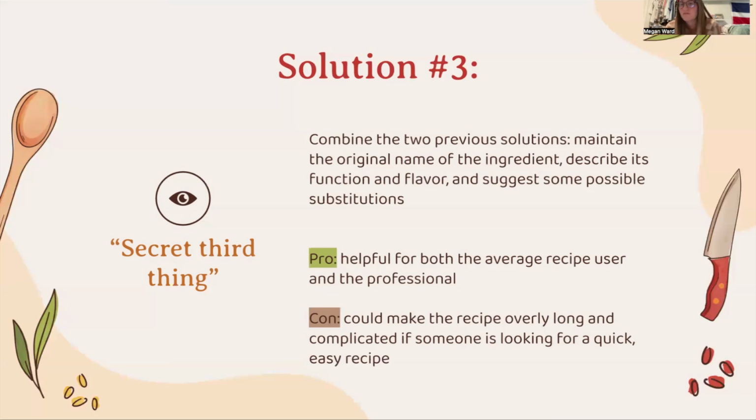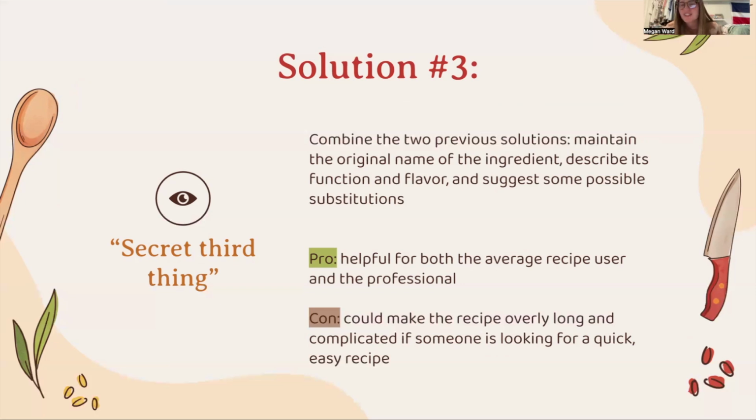The pro of doing this is that it's helpful for both the average recipe user, the person who just cooks at home, and the professional, the person who is more familiar with the culture, because they have all the information they need to get the original ingredient if they want it, to understand what it does, and to know what they might use instead if they do just want to use whatever's in their local grocery store.